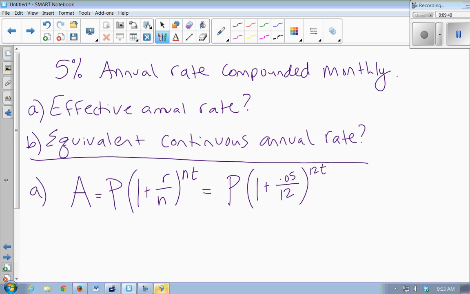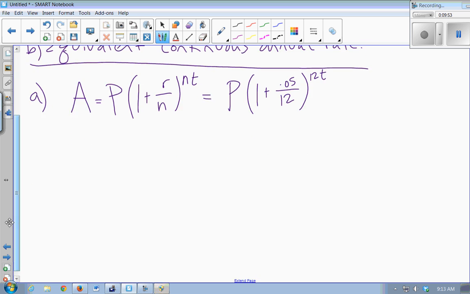So if I want to know the effective annual rate, I'm just going to invest an imaginary $100 for 1 year, and I want to know how much the account grows. So I put in 100 for P, 1 for t.